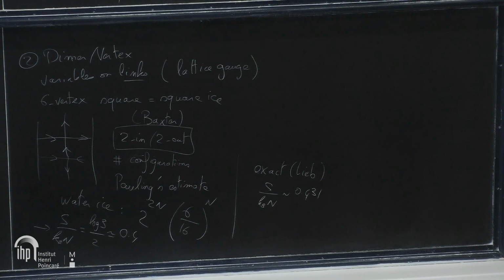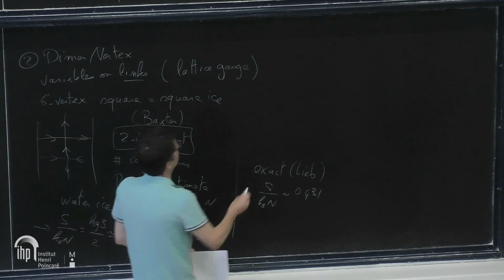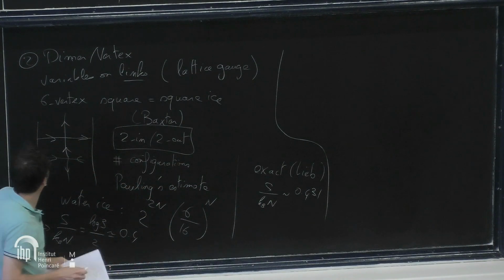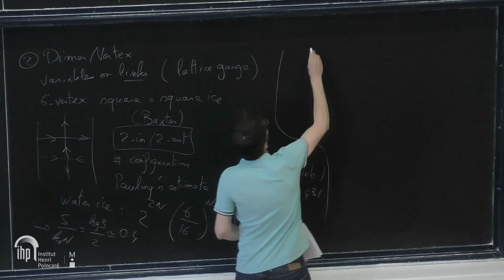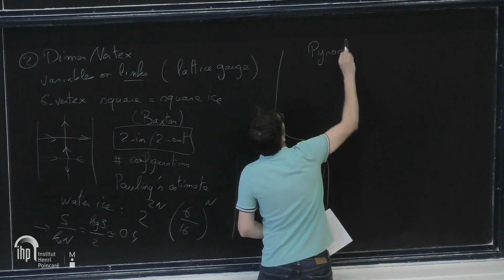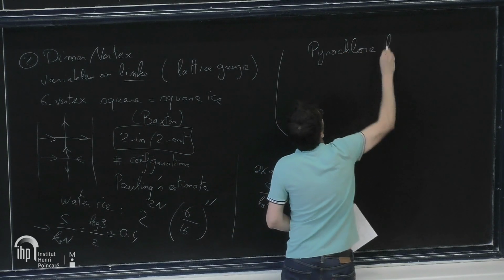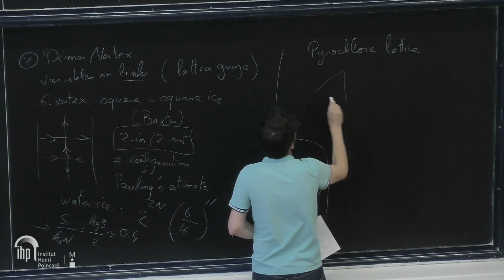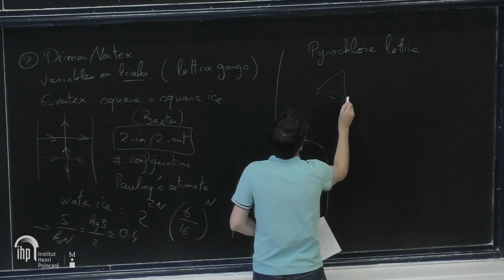OK, so these are the kind of models we also like. And not only do we like them, but they do exist. As I mentioned, the material where the same rule would apply is the pyrochlore. So it's complicated to draw. As I said, it's made of tetrahedra.